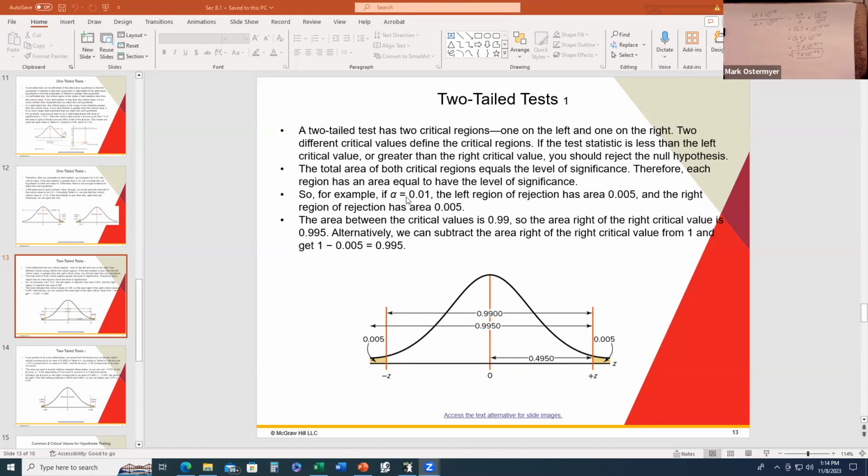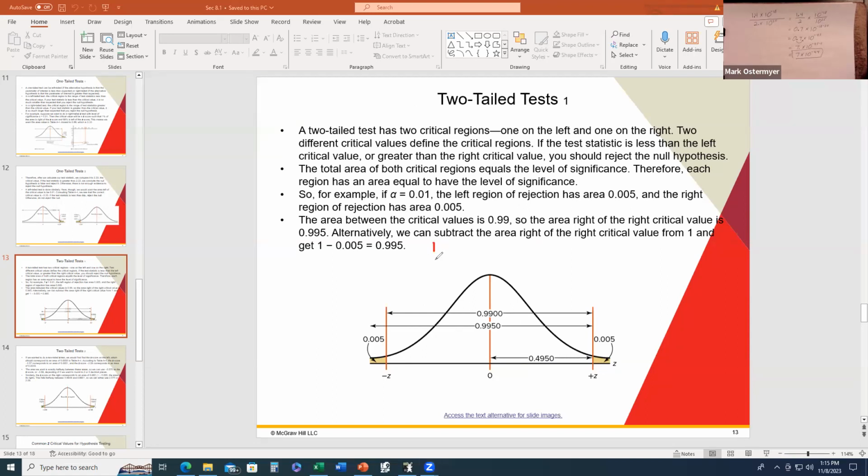Our level of significance is 1%. Well, that means this 1% is going to be equally allocated to the lower rejection region and the upper rejection region. So the size of the lower and upper rejection region is only going to be 0.005. So that's only 5/1000ths of the area of the entire curve, allocated equally to the lower and upper rejection region.